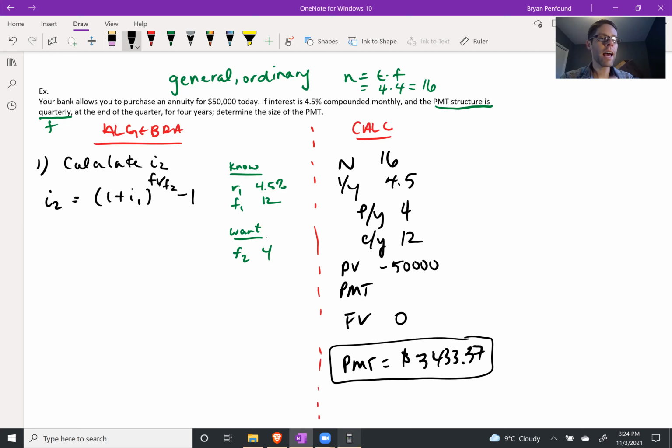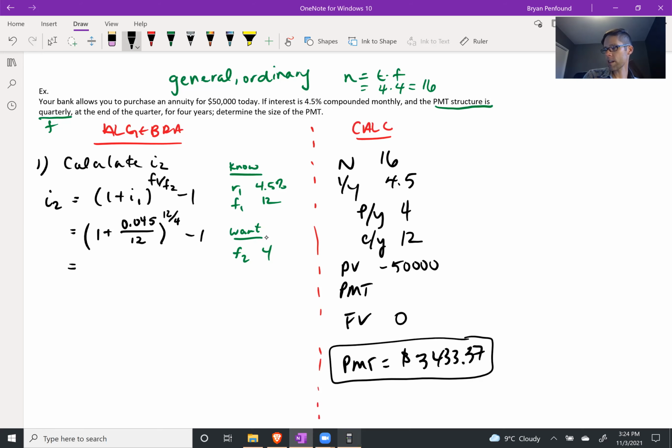And once I know that information, now I can come back over here and start putting some values into this formula. So how do I get I1? Well, I take my 4.5% compounded monthly. And then F1 is 12. So we start with a monthly rate, and we'd like it to be a quarterly rate, so 12 divided by 4.